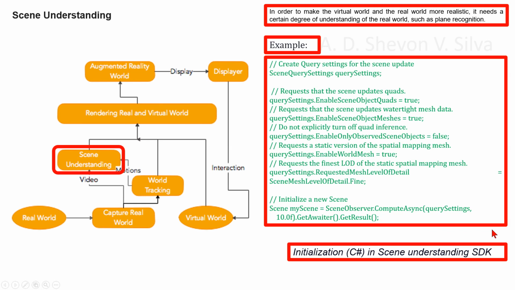A scene can either be computed by the driver, or an existing scene that was computed in the past can be deserialized. The latter is useful for working with scene understanding during development, where applications and experiences can be prototyped quickly without a mixed reality device.